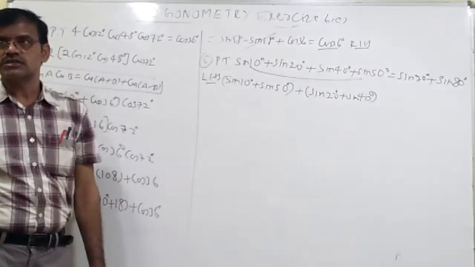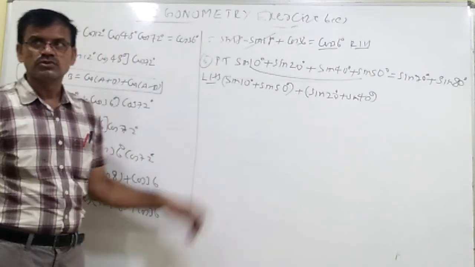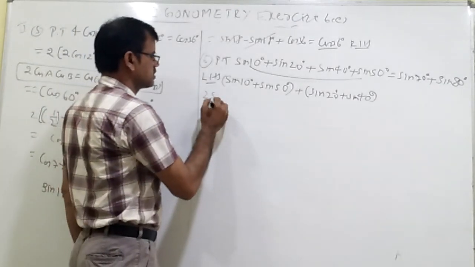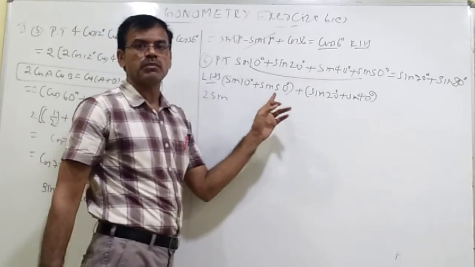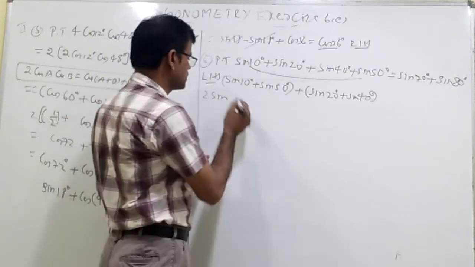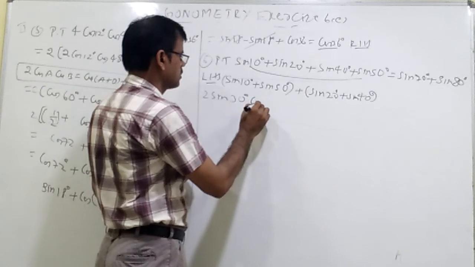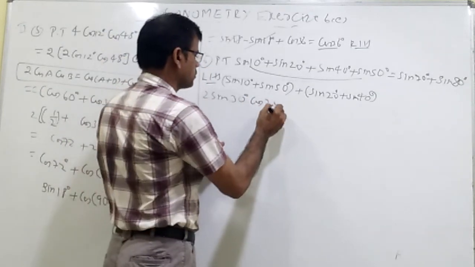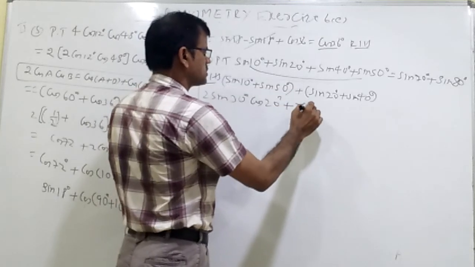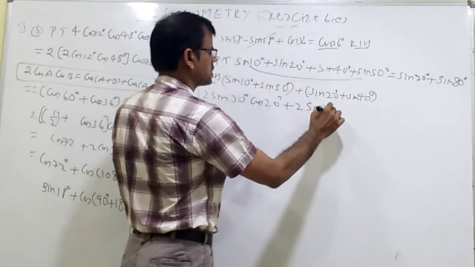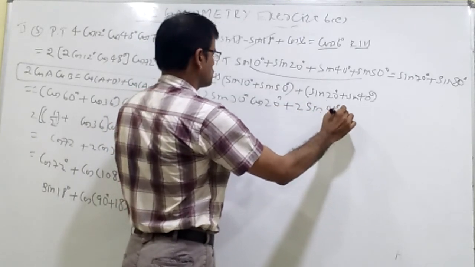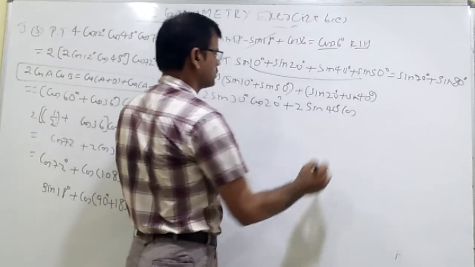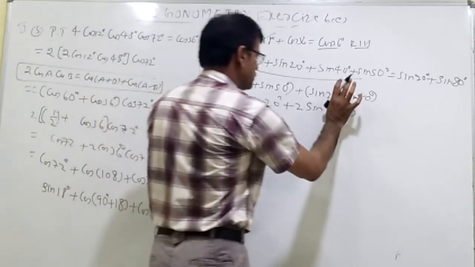Remember the formula sin C plus sin D is 2 sin C plus D by 2 cos C minus D by 2. So 2 sin of 10 plus 50, 60, 60 by 2 meaning 30, into cos of 10 minus 50, 40, 40 by 2 becomes 20. Plus this is also the same concept, 2 sin C plus D by 2.